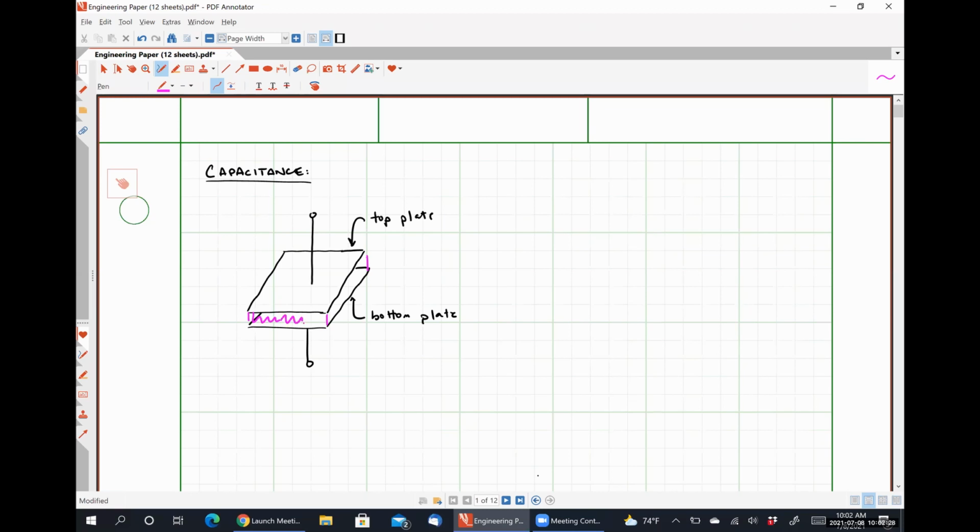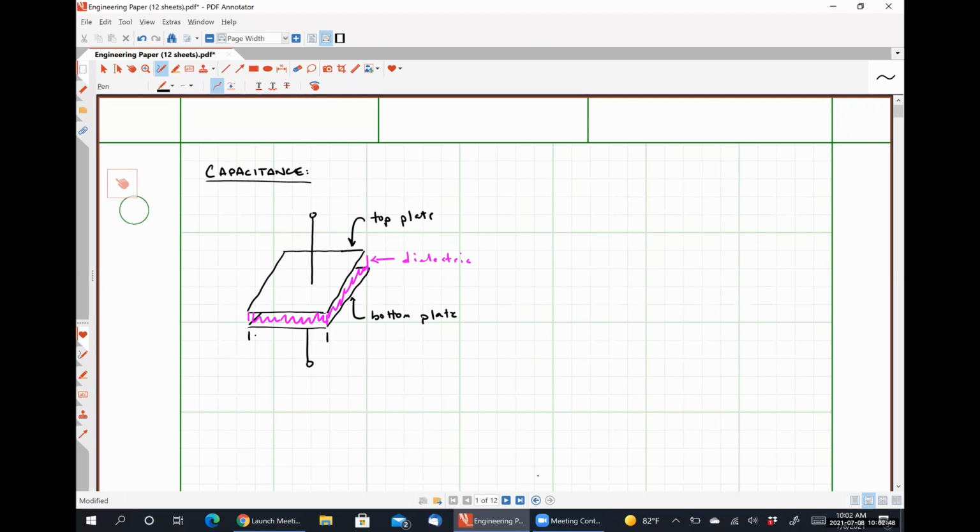So I'm going to color all this stuff in pink in. We're going to call this guy the dielectric. And I'm also going to give you some geometric specifications for our capacitor.